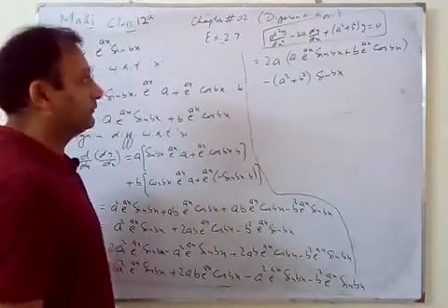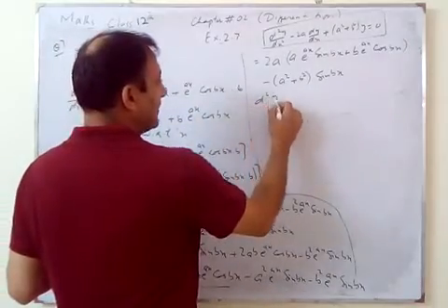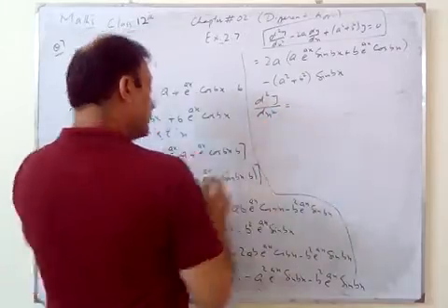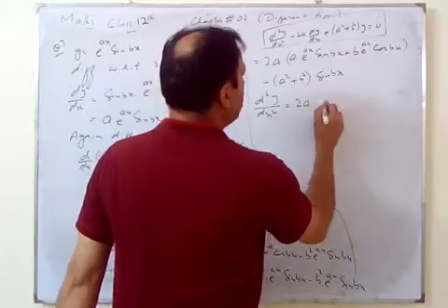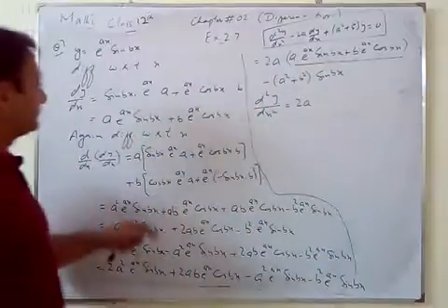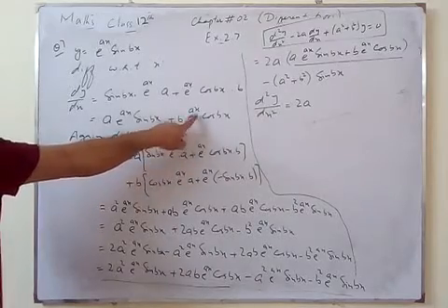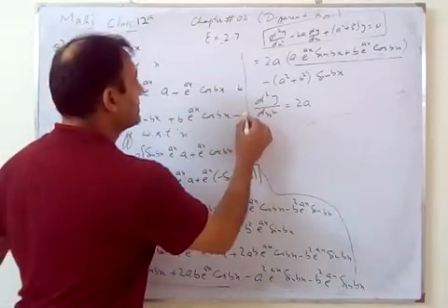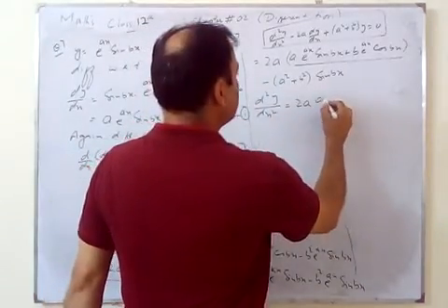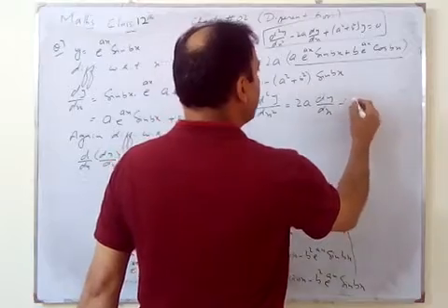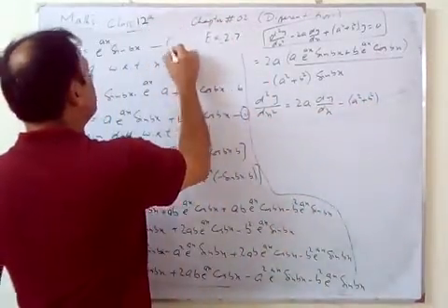This is the common value, and on the left hand side we have d square y by dx square, the second derivative of y with respect to x. Here 2a, this complete value a e power ax sin bx plus b e power ax cos bx is dy by dx, minus a square plus b square, that is equation number 2, and this one is equation number 1.